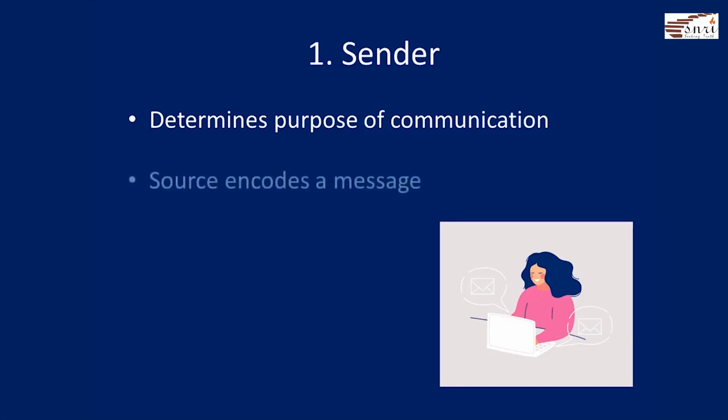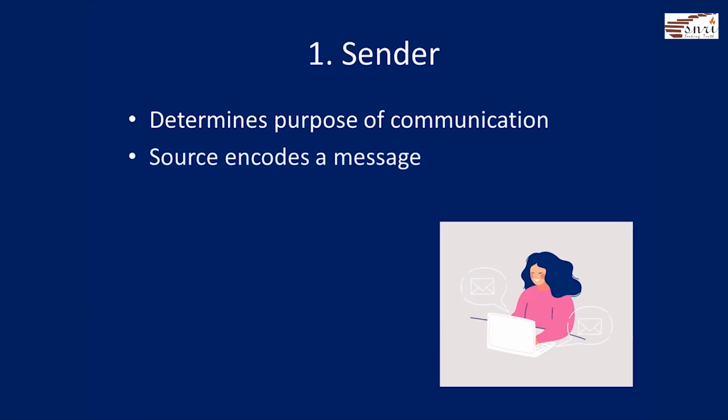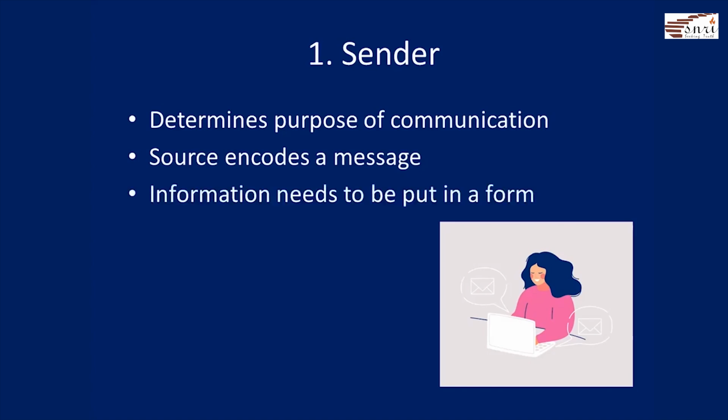So it is said that first the source or the sender must encode or create a message. Now, encoding is basically putting a message in a form that can then be transmitted to the receiver. So after the source has put the message in a form so that it can be transmitted, he will then look at various means by which he can transmit that message to the receiver.